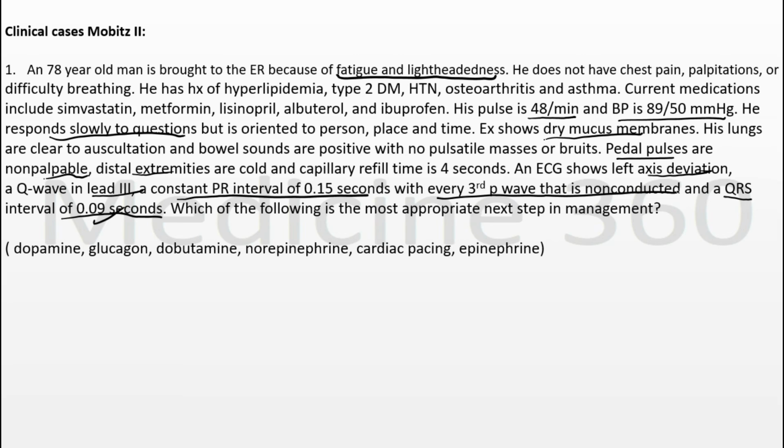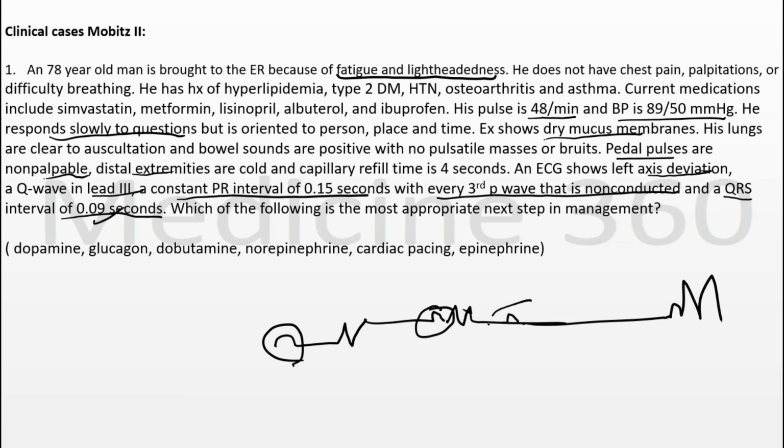It means that there is a P wave, there is the QRS complex, then there is again a P wave, then the QRS complex, then the third P wave, and there is the pause, then the P wave again. He said to us that the PR interval is constant.